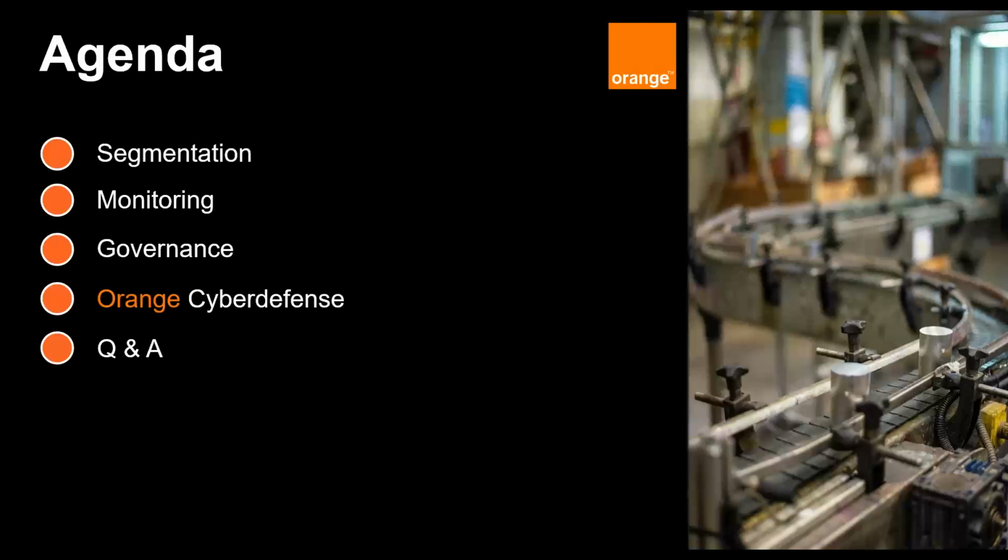The first one is about segmentation, and I'm going to talk a bit about best practices in this respect. Some of you may be familiar with this already, but it's an important subject, and I'm going to elaborate on some specifics. The next category is monitoring, and there is quite a lot to tell there.